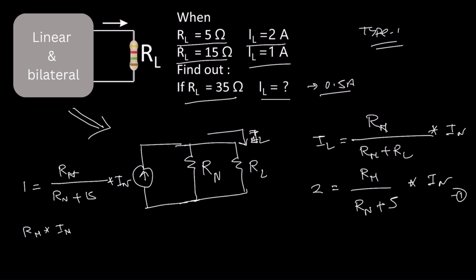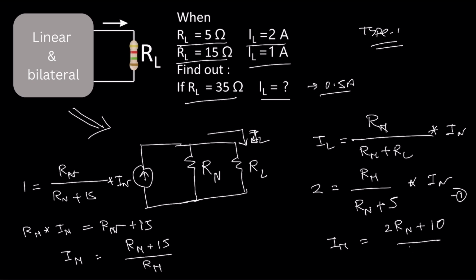If we solve these two, we get Rn into IN equals Rn plus 15. From here we can write IN equals Rn plus 15 divided by Rn. From the other equation we can write IN equals 2Rn plus 10 divided by Rn.